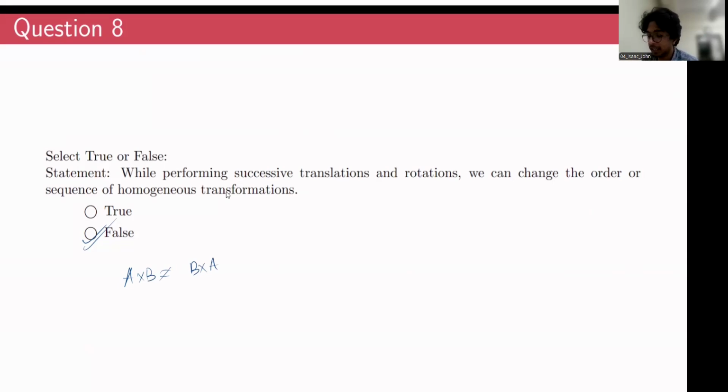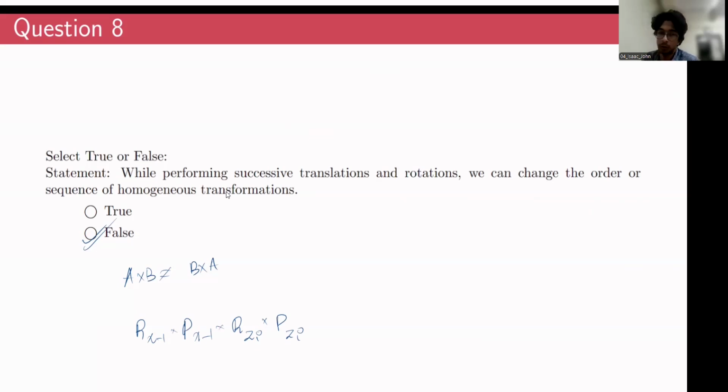Just like in the case of the DH matrix, you have rotation about x i minus 1, then translation along x i minus 1, then rotation about z i, then translation along z i. You have to follow this specific order: link twist, link length, joint angle, joint offset.